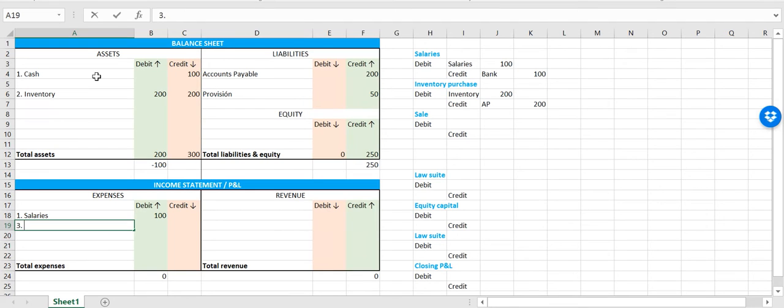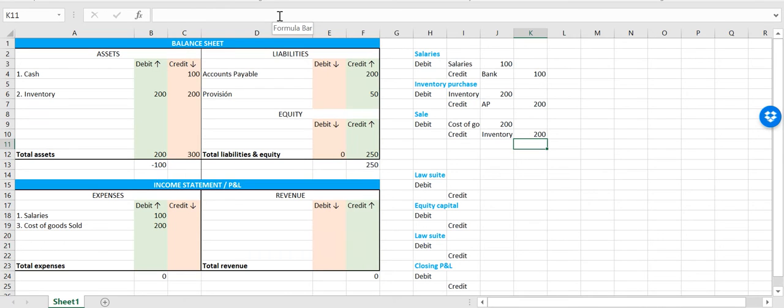So expenses are 200, cost of goods sold. The COGS. The COGS, yes. Thanks for repeating that nice word. That's 200, so I'm gonna write it down: debit cost of goods sold 200, and credit inventory 200.